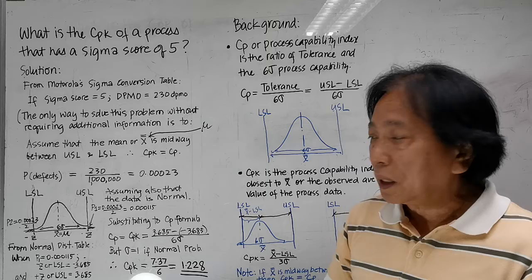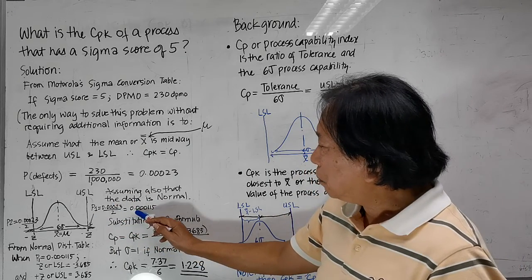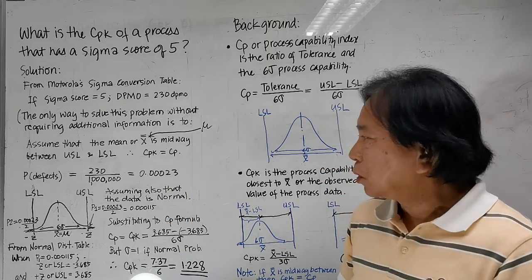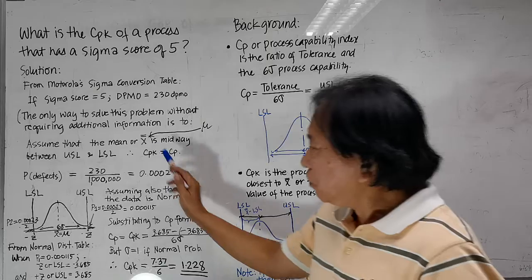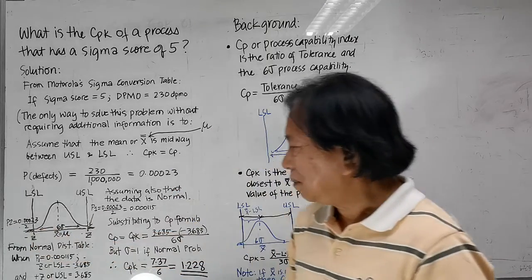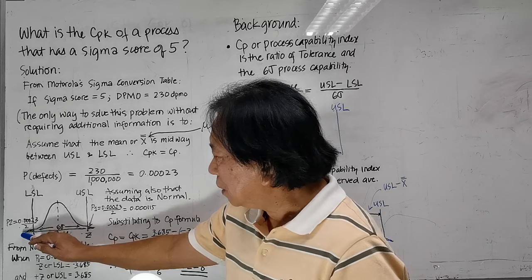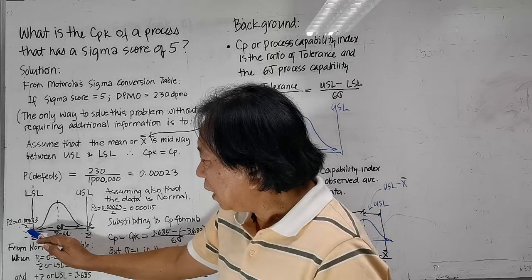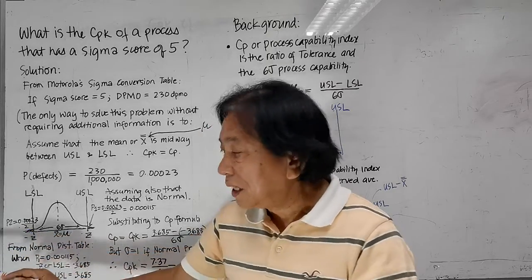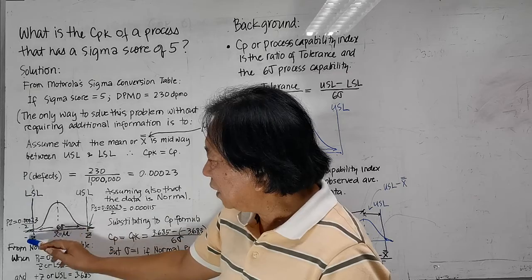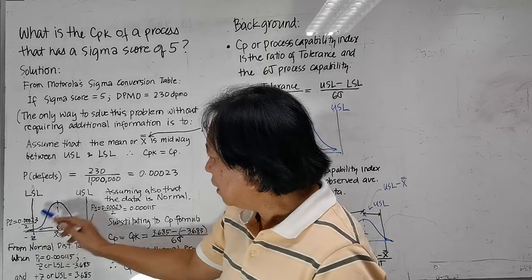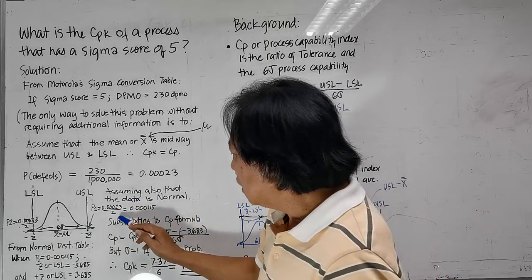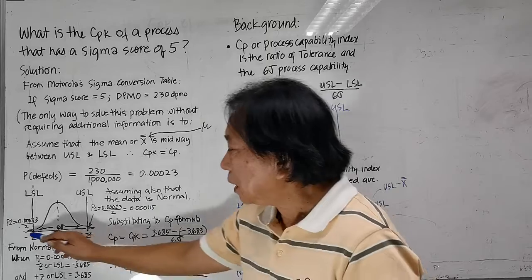And the probability that your data lies outside of the higher specification limit is going to be 0.000115. That is half of the probability of defects. Whereas the other half is going to be at this end. So this is also the probability of getting a thickness, for example, or data that is lower than the LSL, which is equal to 0.000115 as well.